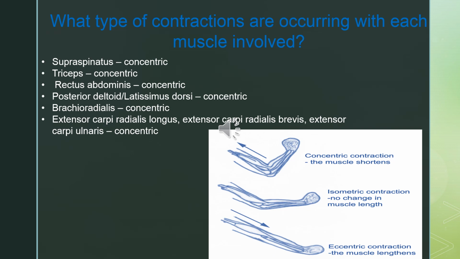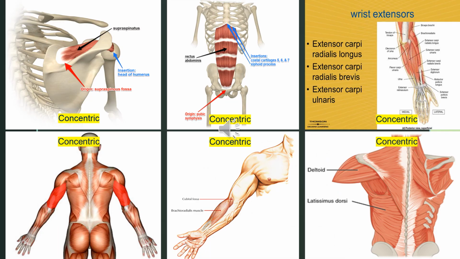On the next slide that we're going to move on to, it will show actual pictures of the different muscles and the actual contractions that are occurring within those muscles. These are the actual visuals of the different muscles that are aiding in the functional components of the task.